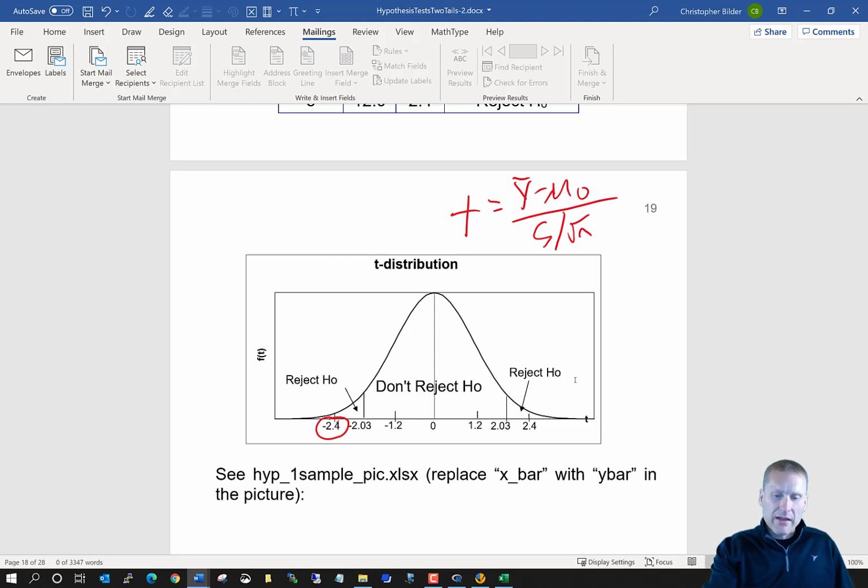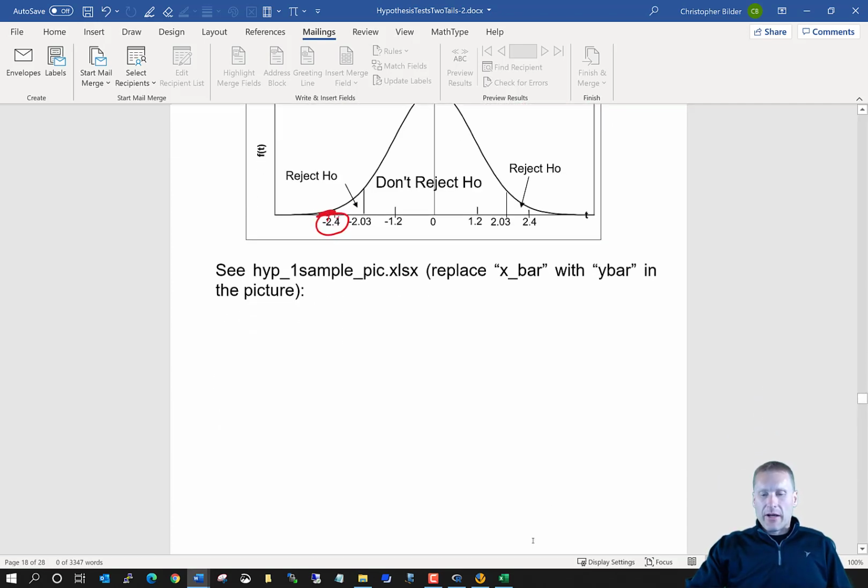We can see that being this far out in the tail of the distribution is very unlikely to occur if the null hypothesis is true. So because of that, I say we should reject H0 here. There is sufficient evidence from the sample that indeed we have a problem with the manufacturing of our volleyballs. The mean is not 11.6.